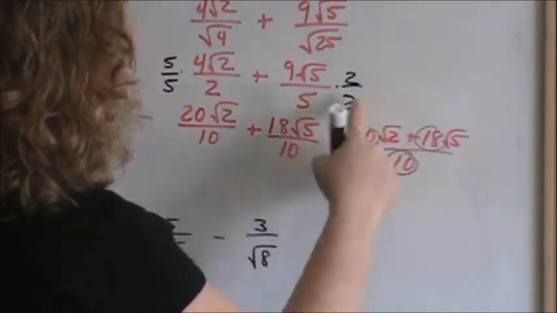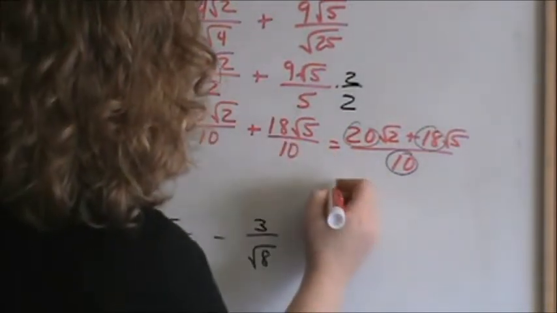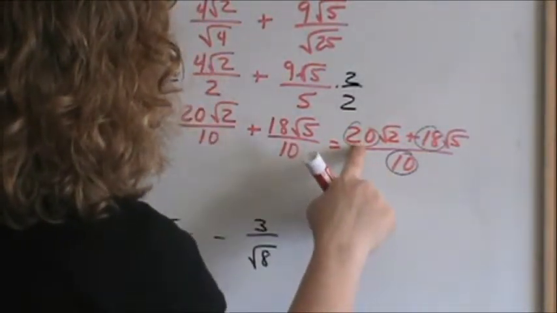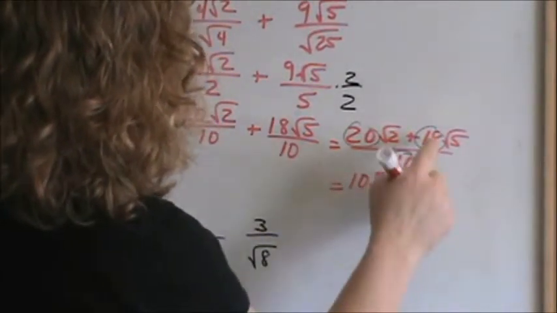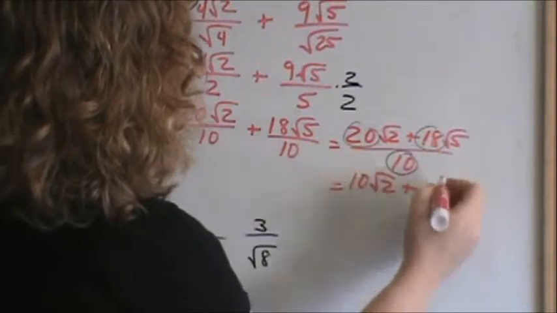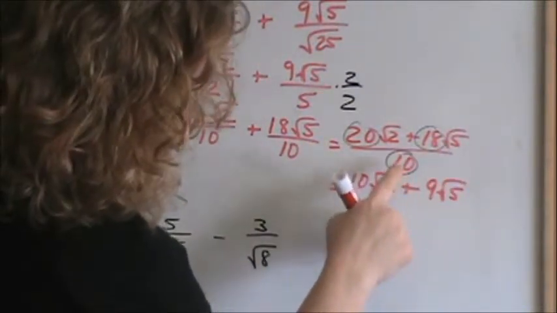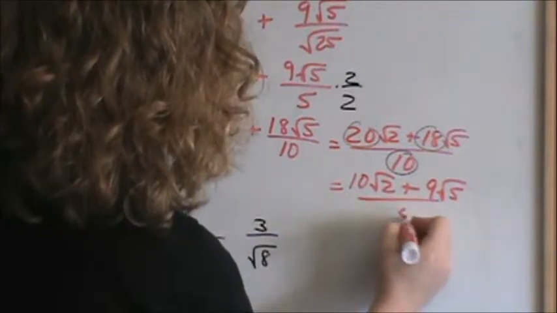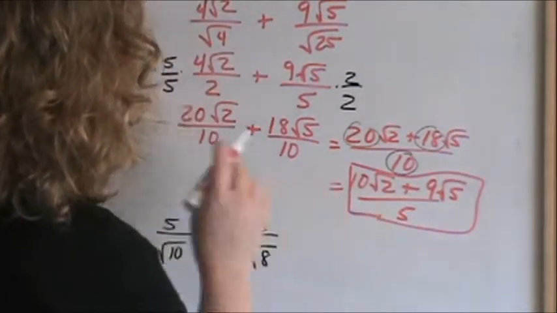I can reduce all 3 of them by 2. If I reduced 20 by 2, that would be 10. Leave your radical. If I reduced 18 by 2, that would be 9. And if I reduced 10 by 2, that would be 5. And that is your final answer.